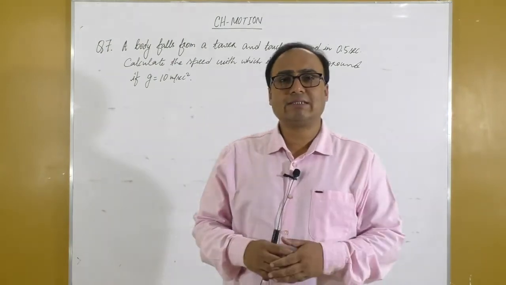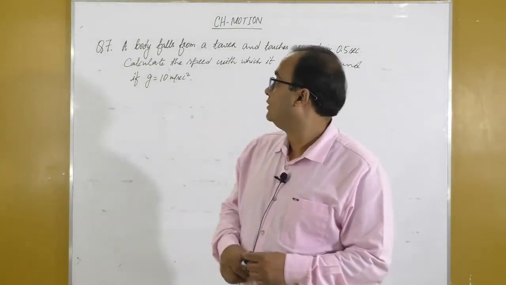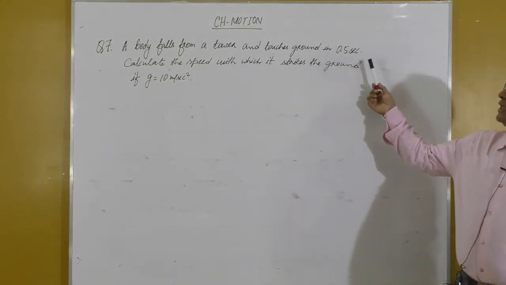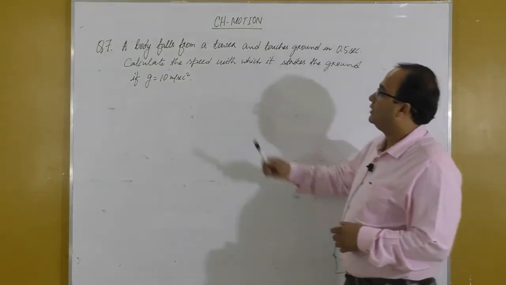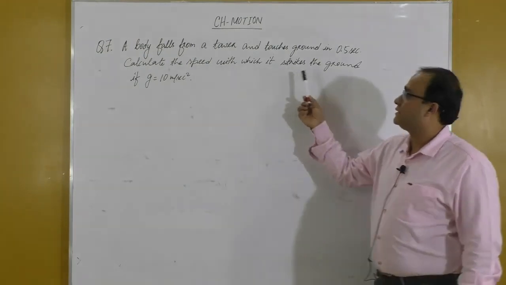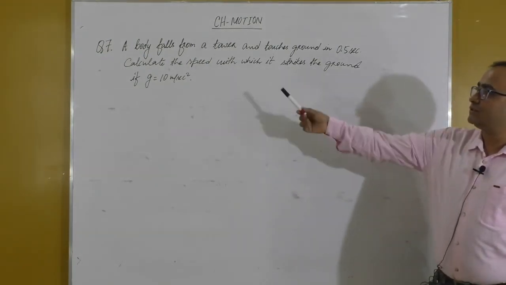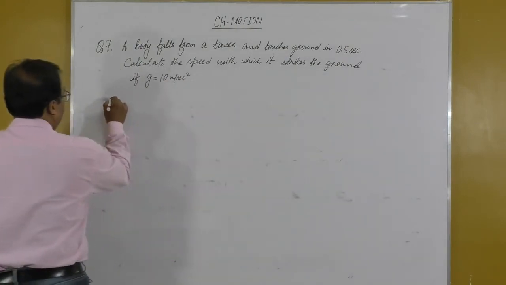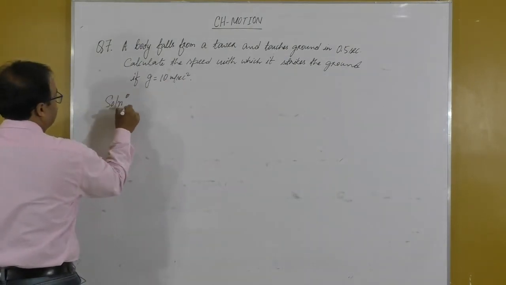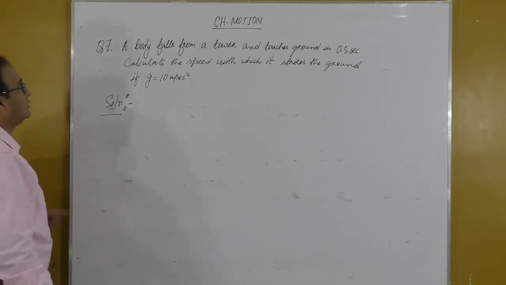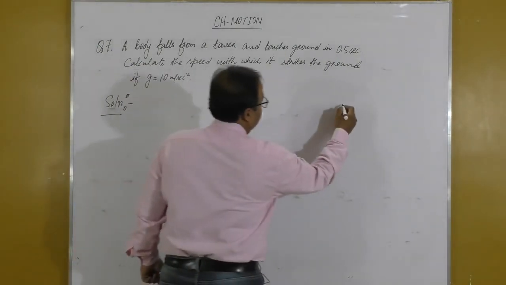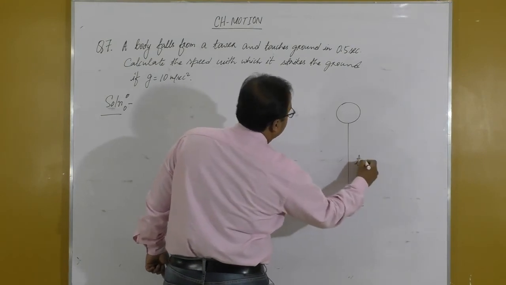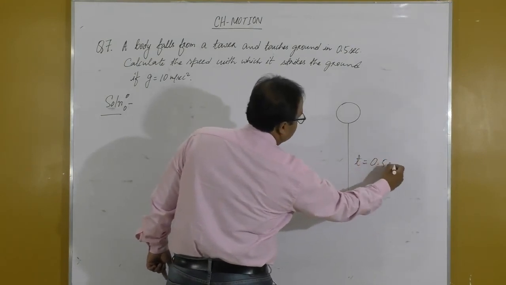Now I am going to discuss question number 7, and the question is: a body falls from a tower and touches the ground in 0.5 second. Calculate the speed with which it strikes the ground if g equals 10 meter per second square. Simple question. Look at the solution. You can easily understand this one. A body falls and strikes the ground in what time? 0.5 seconds.